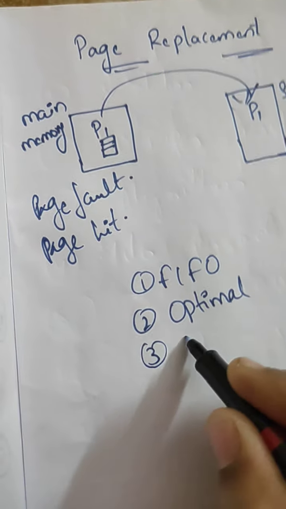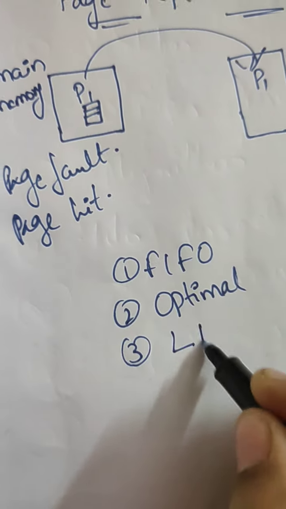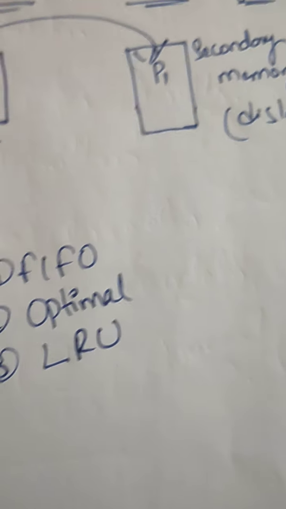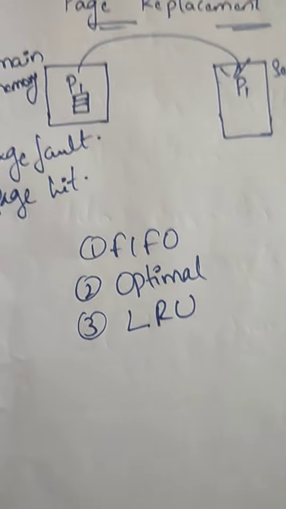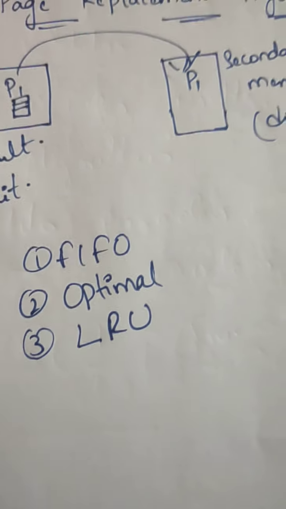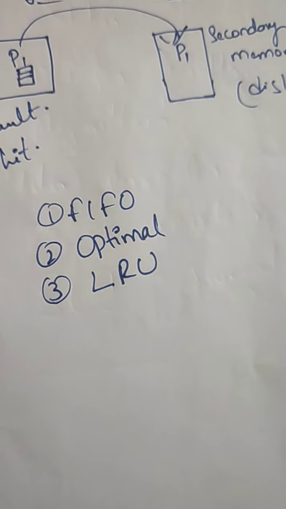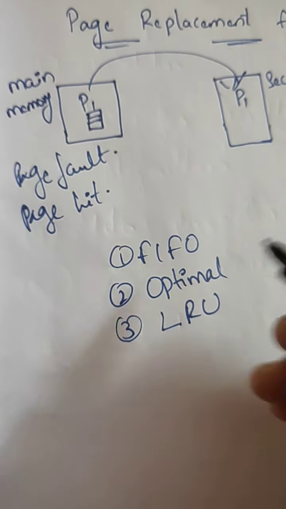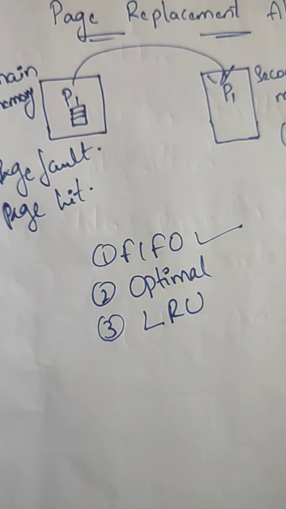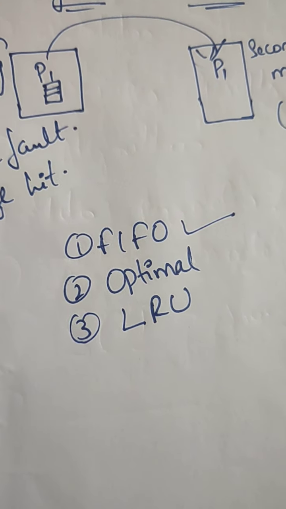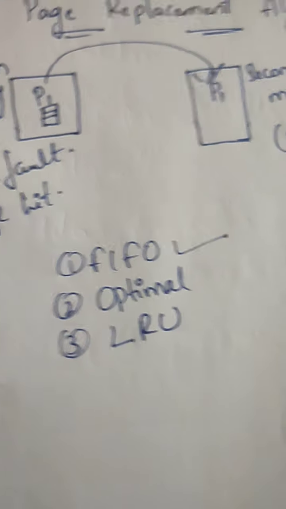The third one is the LRU page replacement algorithm, which is the least recently used page replacement algorithm. In today's video lecture, I want to deal with the first in first out page replacement algorithm. For this, I want to take an example to explain it.